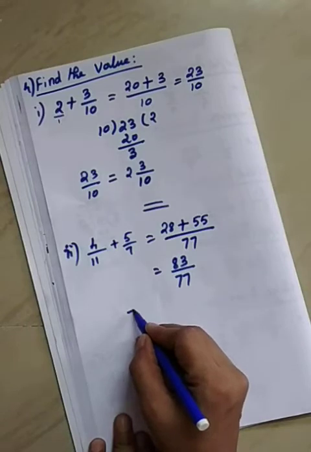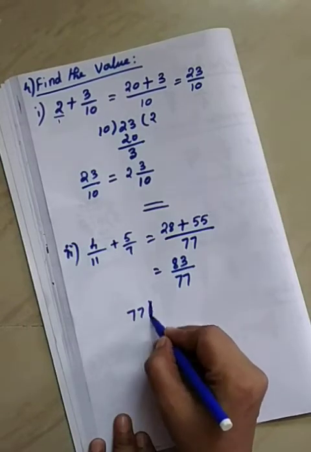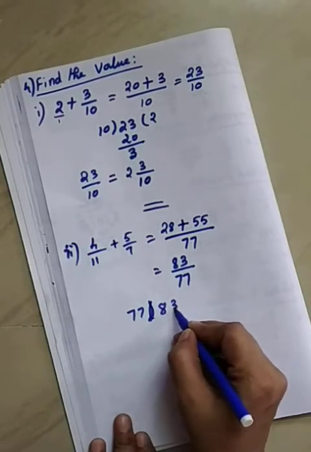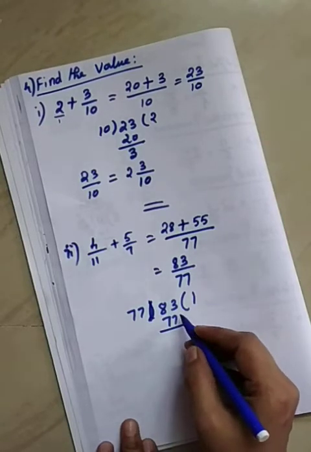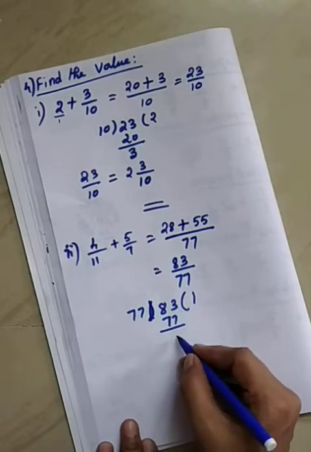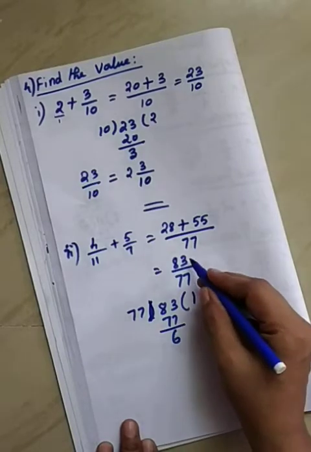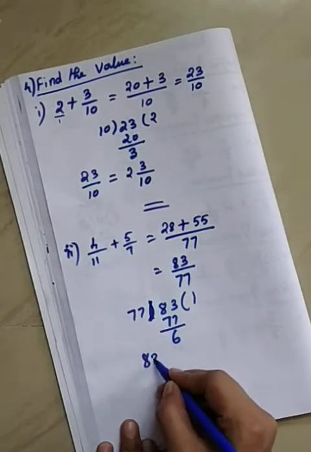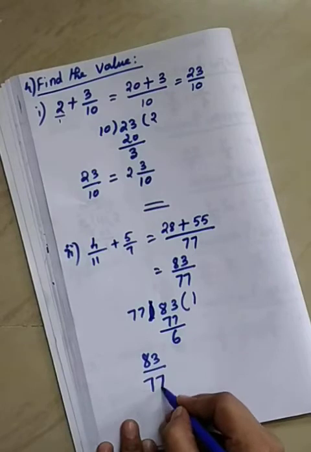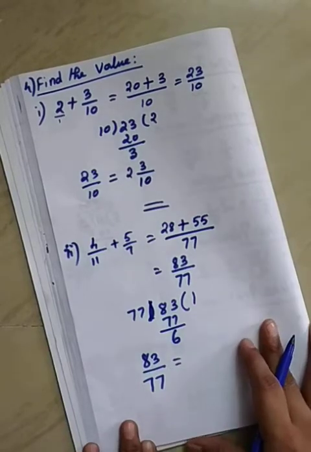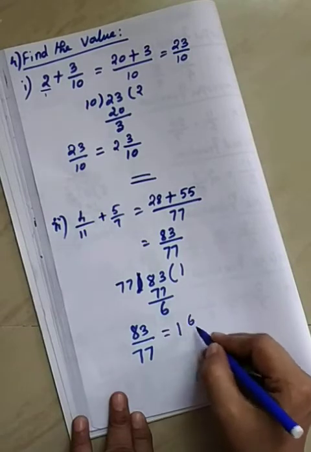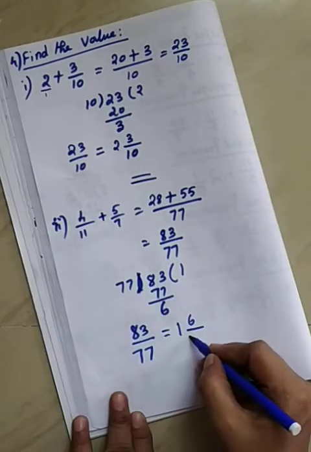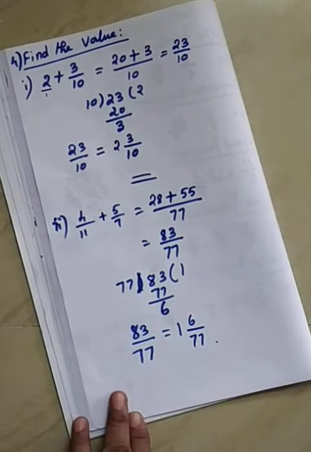How can you write it? 83 divided by 77: 1 into 77, and the remainder is 6. So 83 divided by 77 is nothing but you write the quotient, remainder divided by 77. Everybody clear?